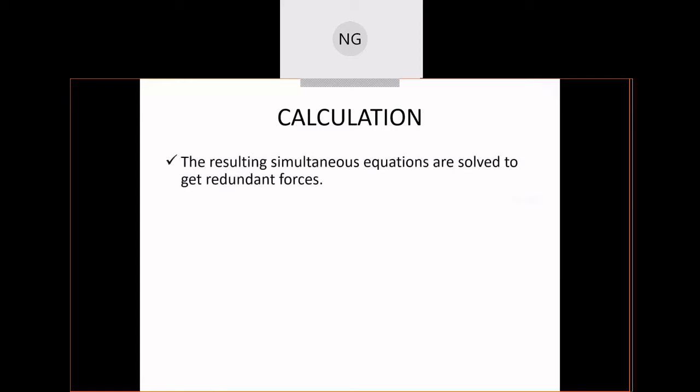Then in the flexibility matrix method, the calculation is formed. The main thing is that the resulting simultaneous equations are solved to get the redundant forces. Already told that simultaneous equations are very complicated to solve, but if there are n equations for n unknowns, we can easily find them. If the number of equations is less than the n redundant forces, we cannot solve.